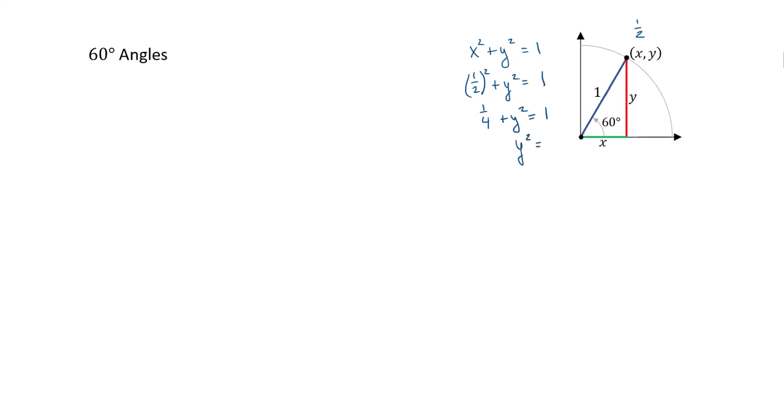So y squared equals 3/4, and y is going to be plus or minus the square root of 3 over 2. All right, so I know that the cosine of 60 degrees is 1/2, and the sine of 60 degrees is a positive square root of 3 over 2 because I had to travel up in order to get to that point.